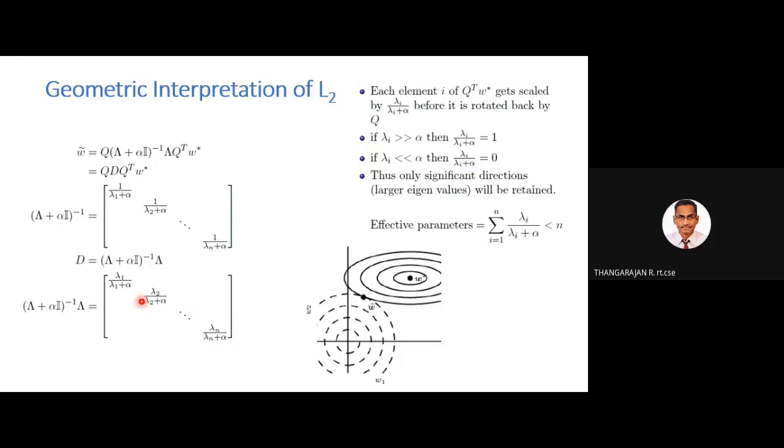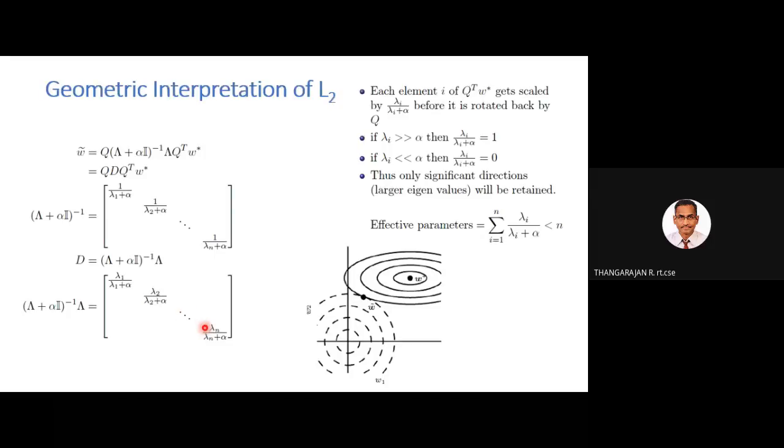So what is the rationale behind this? Those features which have higher lambda values are not getting penalized, but those features which have lower lambda values, which have less eigenvalue, meaning they are less prominent, are getting penalized.